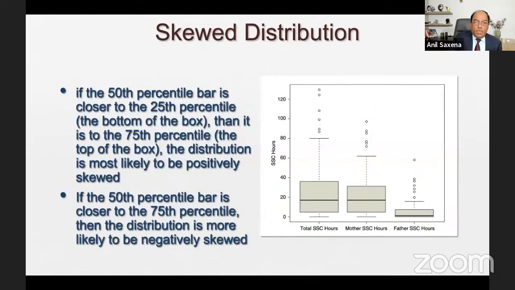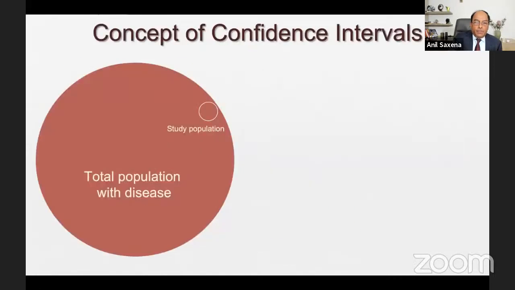Now we come to a very important thing, which is called the concept of confidence intervals. See, when we do a study, we do it on a very small population. In any trial, we can include 100 patients, 200 patients, 300 patients. Supposing you are doing a trial on hypertension or CAD patients, or patients who are undergoing AF ablation, or angioplasty, you can include 100, 200, 1000 patients.